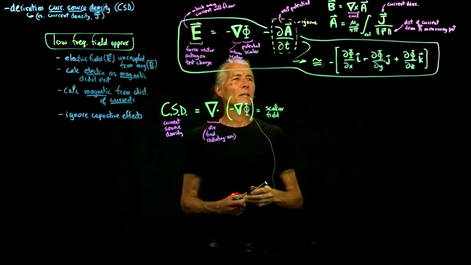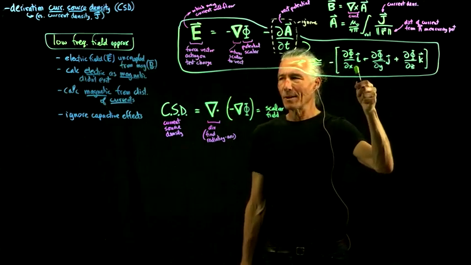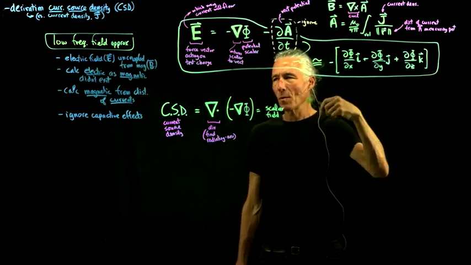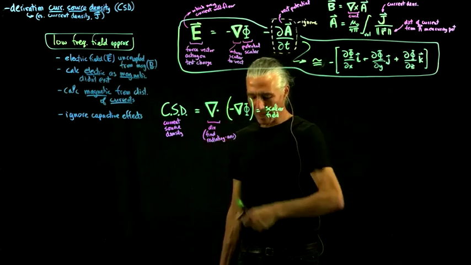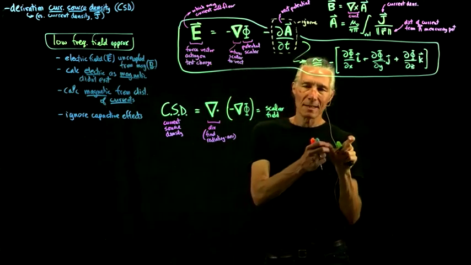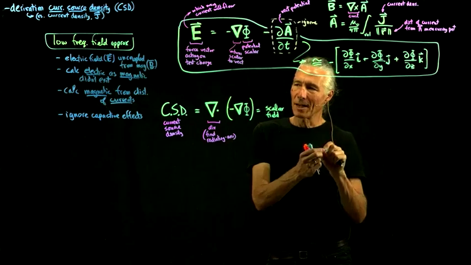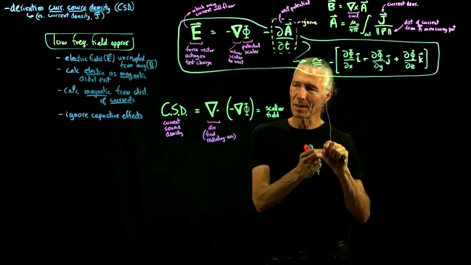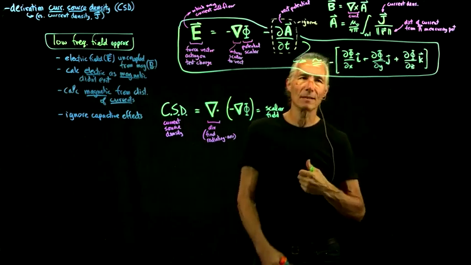And this guy is a vector, so how do we get rid of the vector? If you go back to how you calculate the divergence, it's how rapidly the x component of the vector changes when you go in the x direction, plus how rapidly the y component changes when you go in the y direction, and how fast the z component changes when you go in the z direction.